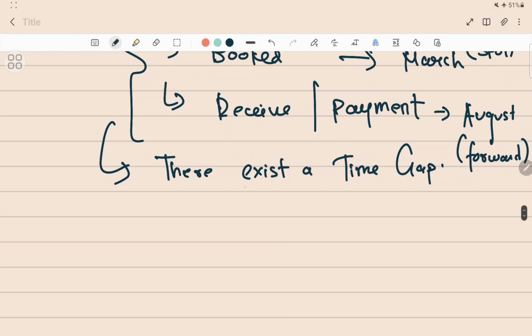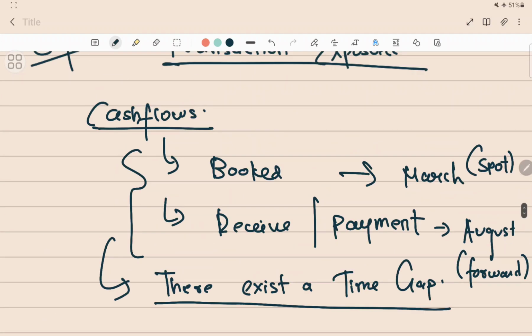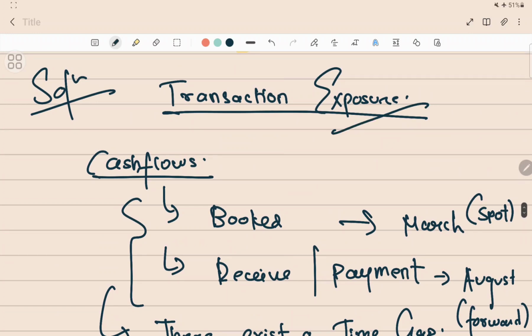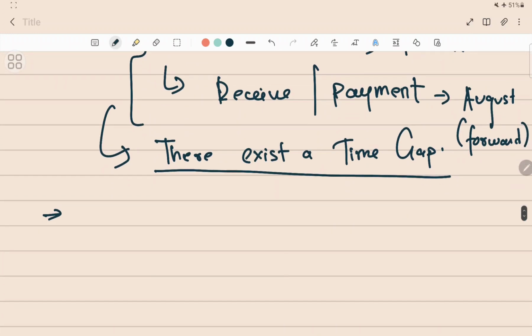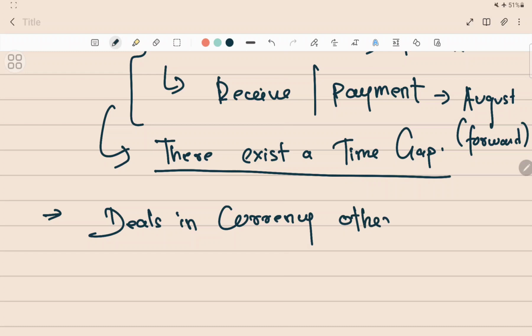The next part is that transaction exposure is only possible when the organization deals in currency other than the home currency.